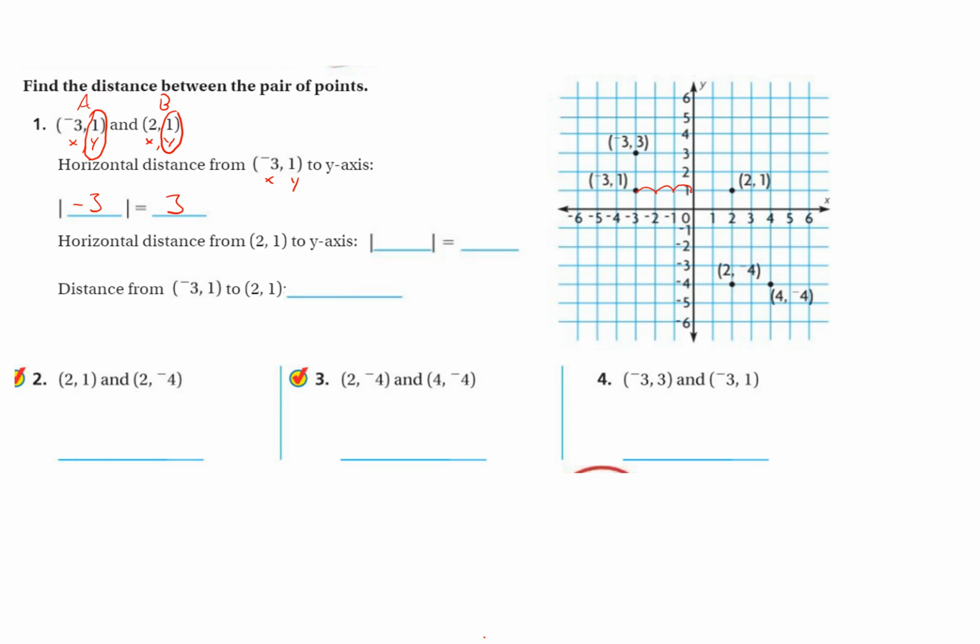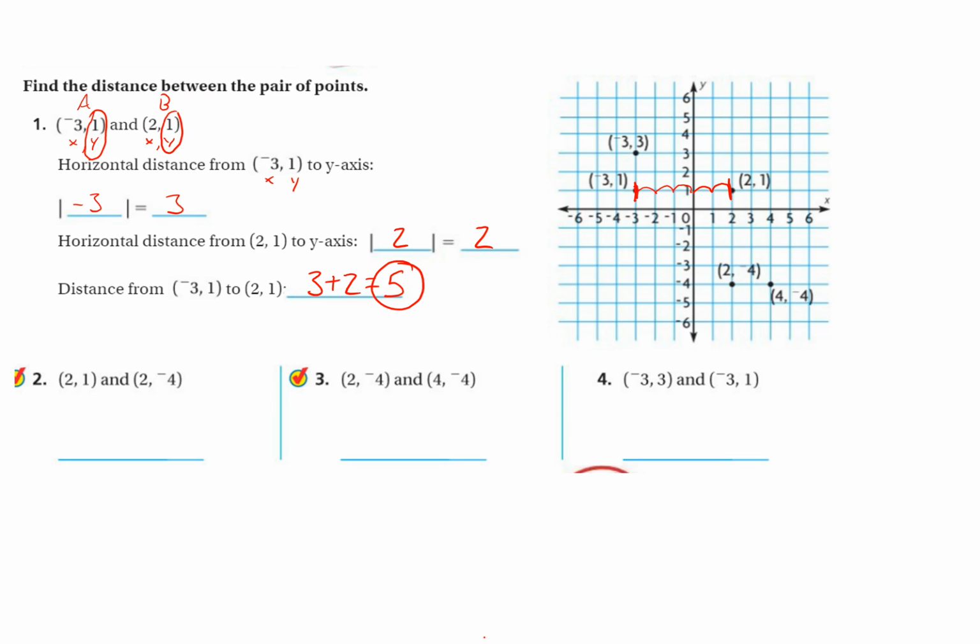The horizontal distance from 2, 1 to the y-axis is the absolute value of 2, which is 2. So the distance from these 2 points would be all of this. So 3 plus 2, which would be 5. 5 units away from each other.